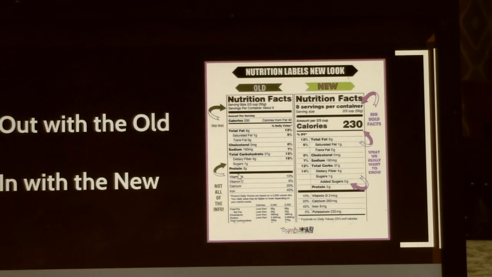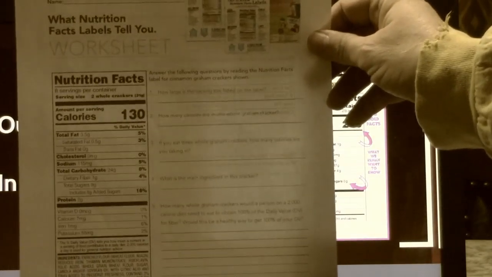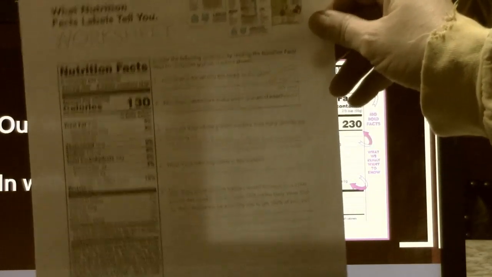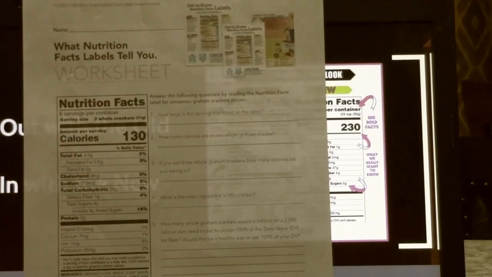And this is where I would say you would want to look. I'm just going to put this on the screen just so you can see what this looks like. One of the handouts that I gave you was this, what the Nutrition Facts label tells you. I don't expect you to read this from here, just see what it looks like.